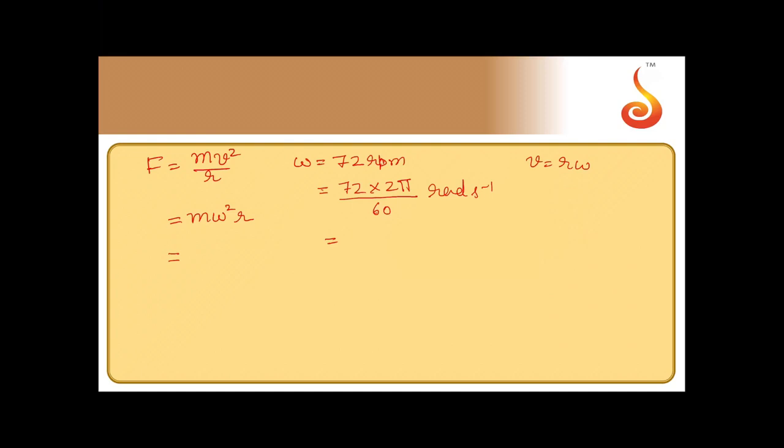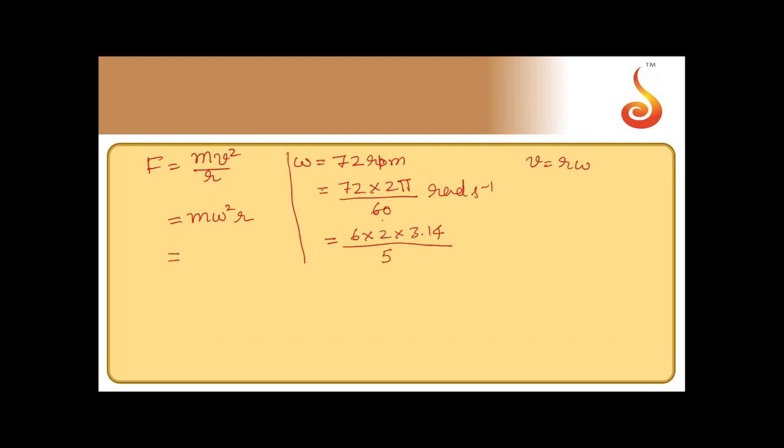So this will be 72, this is 60, so 6 by 5, 6 into 2 into pi, 3.14, divided by 5.